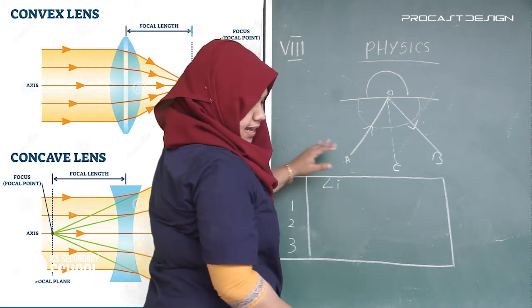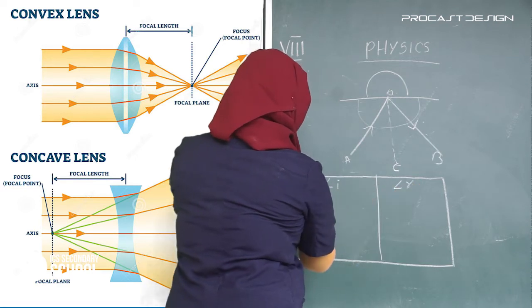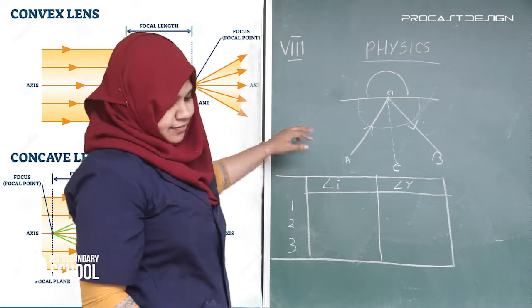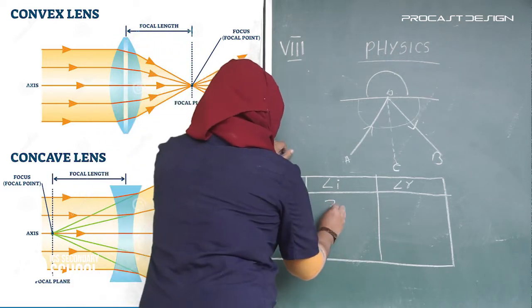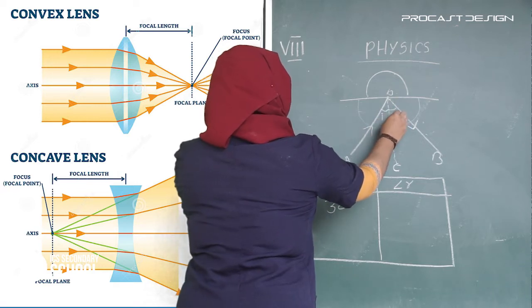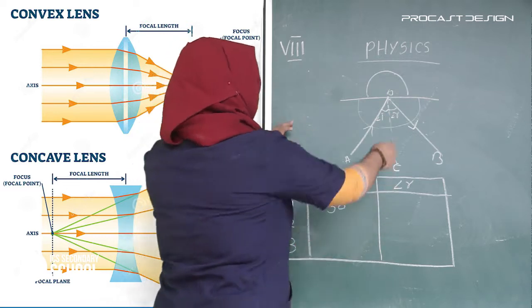Angle I means angle of incidence, angle R is the angle of reflection. In the first situation we get a 30 degree angle of incidence, and the angle of reflection here is also 30 degrees.